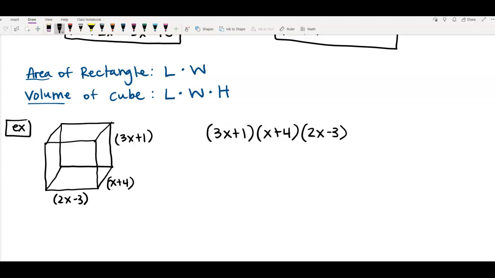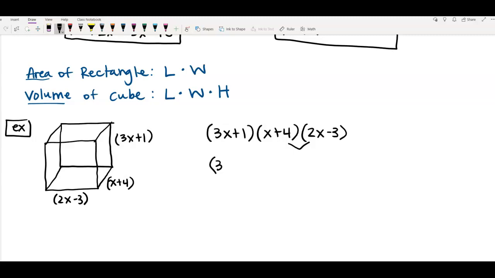Yeah, so multiply two of them together first, because you can't really multiply all three of them together at the same time. I like that suggestion.